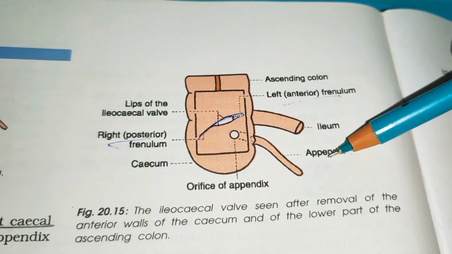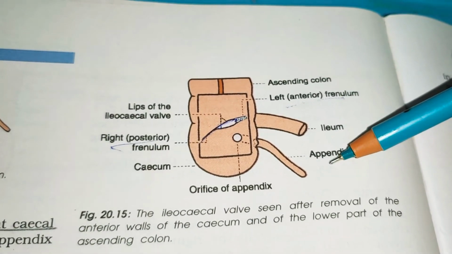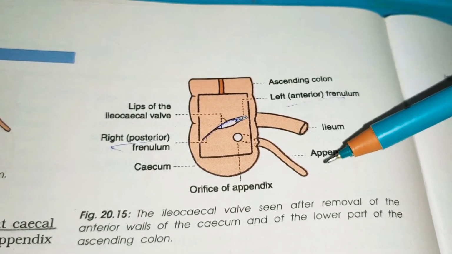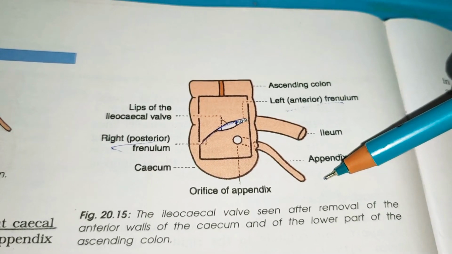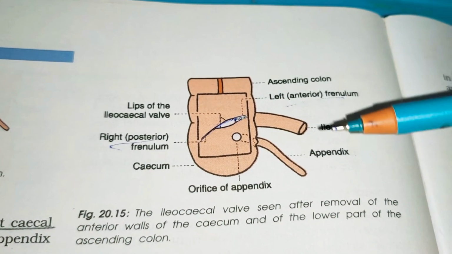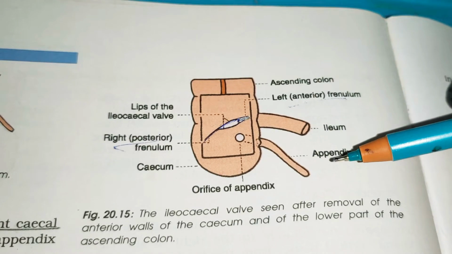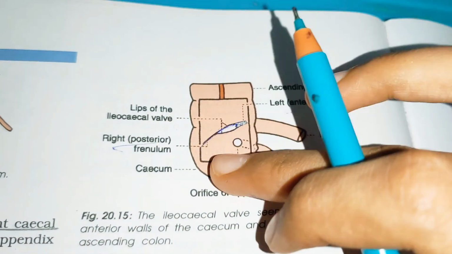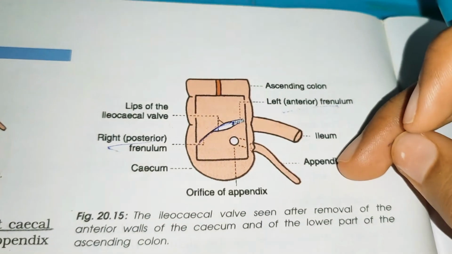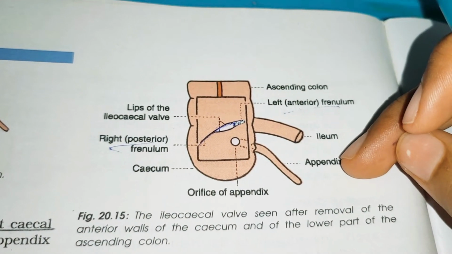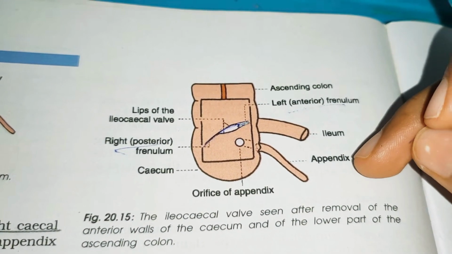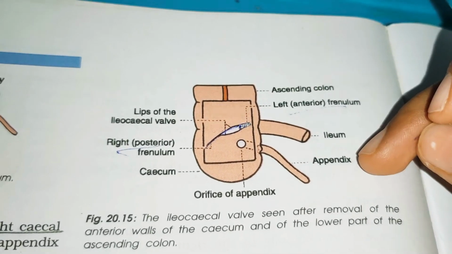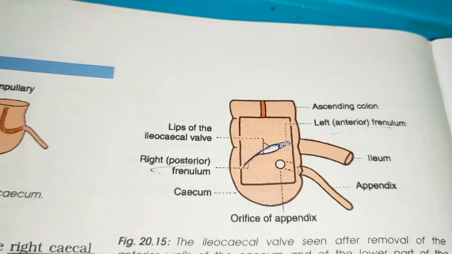You can see here the ileocecal orifice, and the appendix is just 2 centimeters below it. The appendix is longer in children when compared with adults, and it becomes narrower by mid-adult life. It is also in the right iliac fossa, like the cecum. Although the base of the appendix is fixed, the tip can point in any direction.